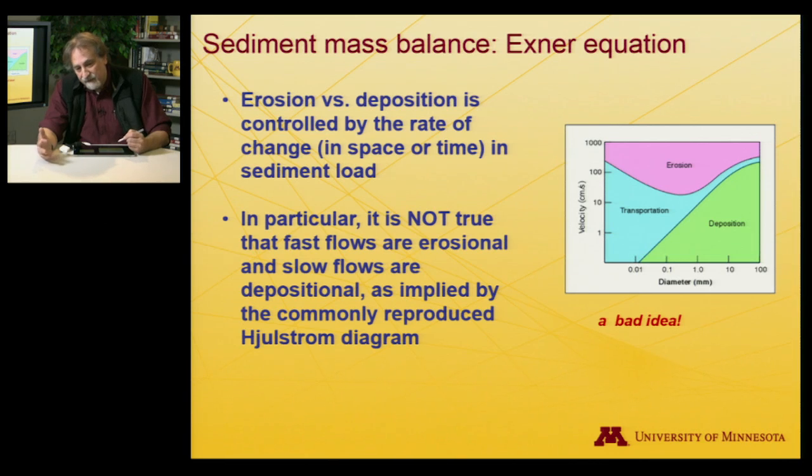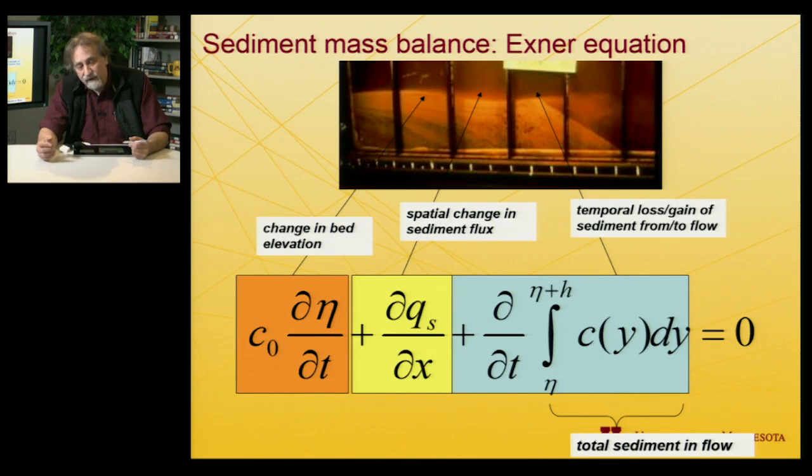So it's easy to think that a fast-moving flow is going to erode and a slow-moving flow is going to deposit. But if you go back and look at the equation, there's nothing like that in it. Erosion and deposition are represented by this term, and they really are just about the sign of this term. Deposition is when dA/dt is positive and the surface of the bed is rising, and erosion is when dA/dt is negative and the bed elevation is falling.